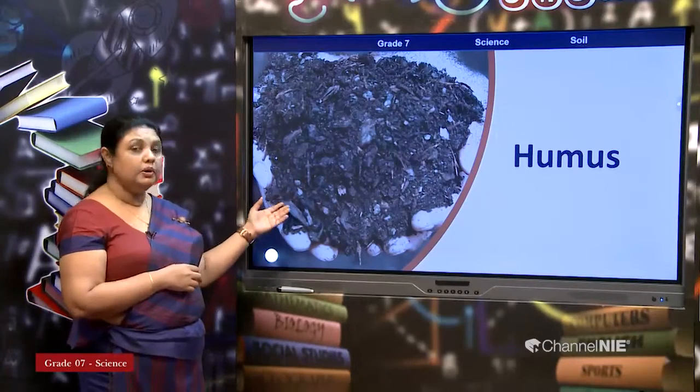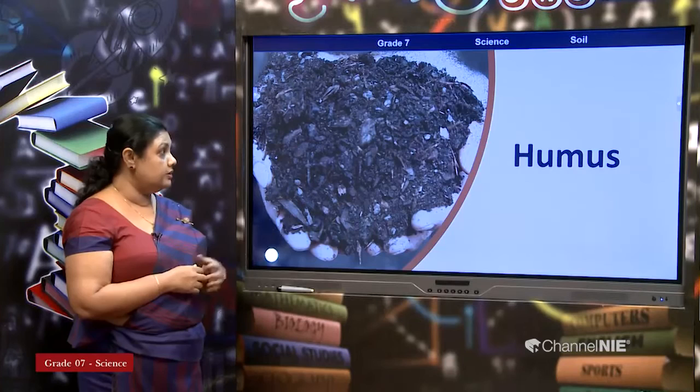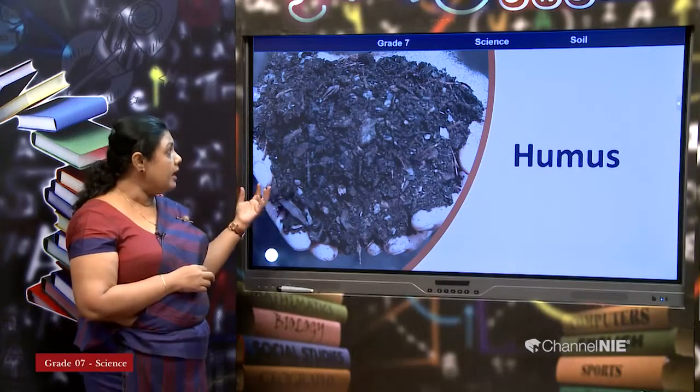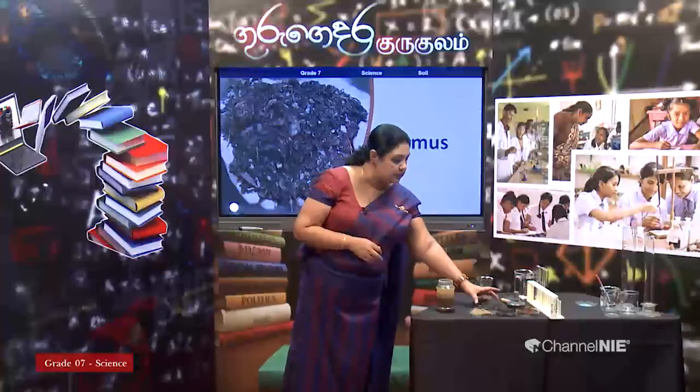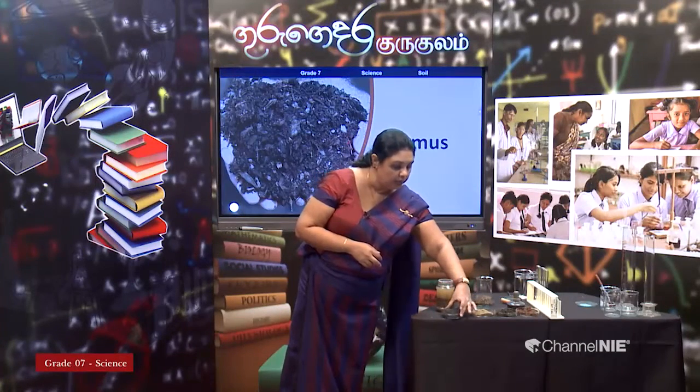Right. So, this is humus. This is how it looks, children. You can see large particles, small particles, and at the same time you can even see some earthworms among this humus. So, we have a humus sample. I will show you that humus sample here. This is a humus sample.